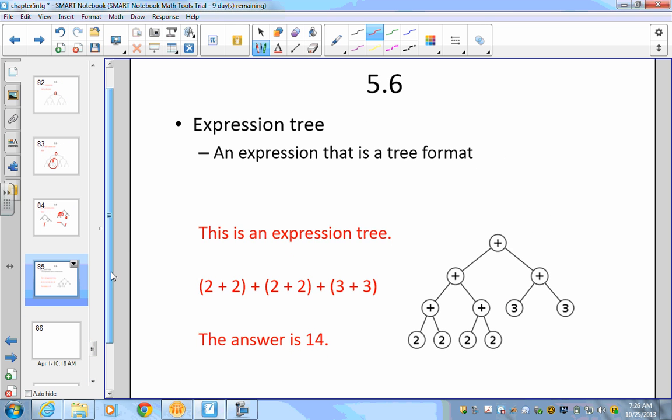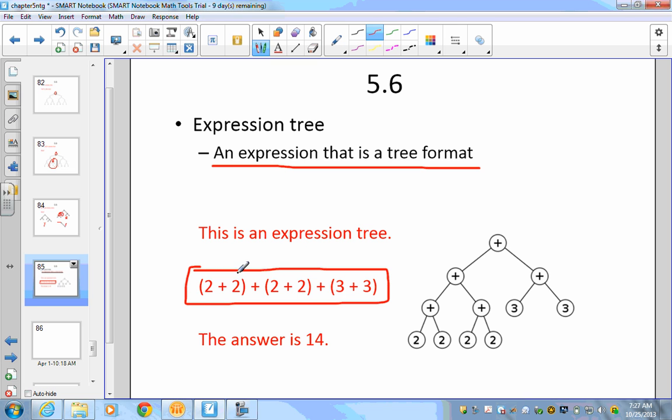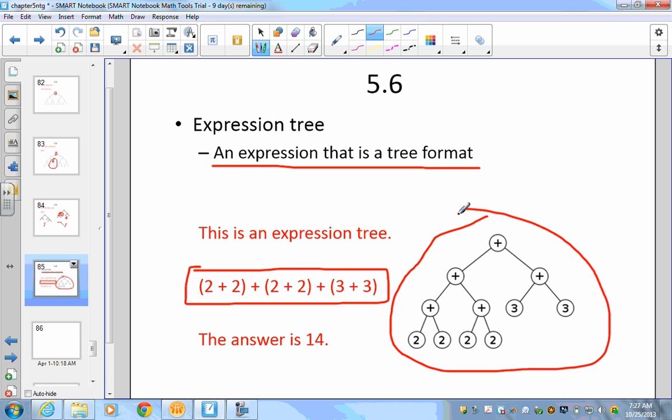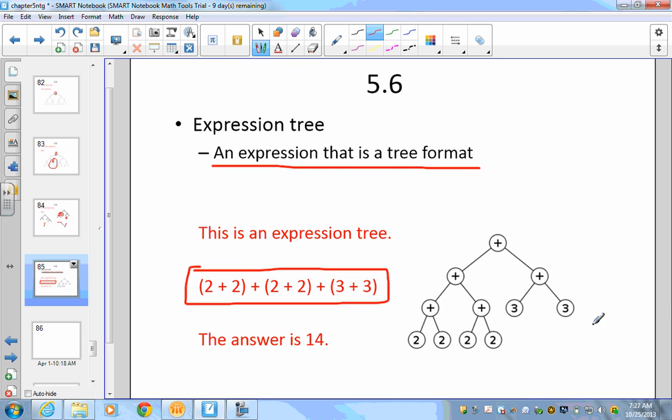Okay, an expression tree. An expression tree is basically an expression that is in a tree format. You've seen this before in your everyday math class. What we're going to do is take that expression, put it in a tree, which it is, and then solve for it. Now, the way you do it is, if you're given your tree, which is right here, in order to solve for an expression tree, you work from the leaves up to the root.